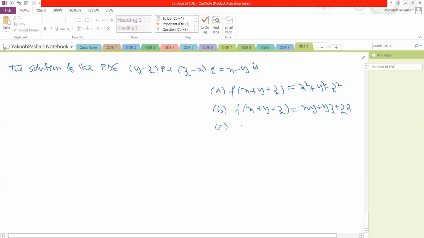Option C: f of x square plus y square plus z square is equal to xyz. Option D: f of x square plus y square plus z square is equal to x plus y plus z. Okay, these are the options from the set.